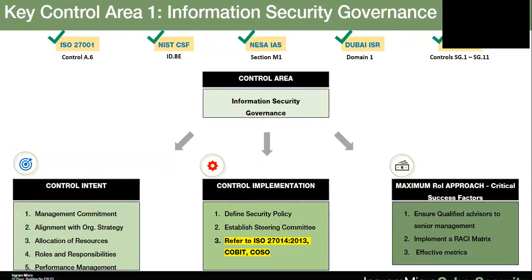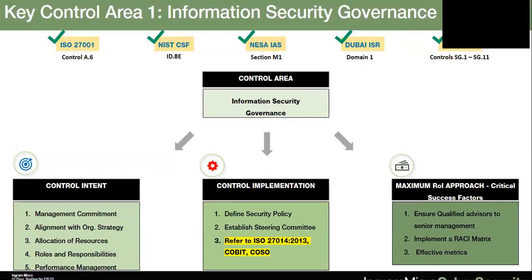Furthermore, we have ISO 27014, which provides guidance on the concepts and principles for the governance of information security, so that any organization can evaluate, direct, monitor, or communicate the information security related activities within the organization.